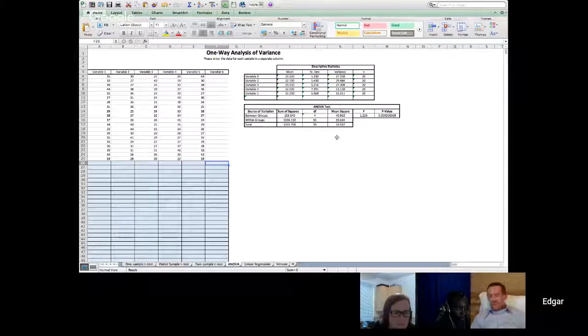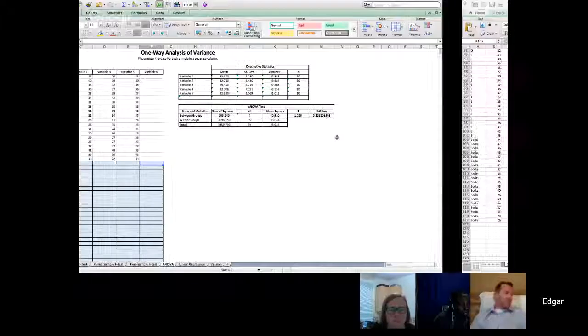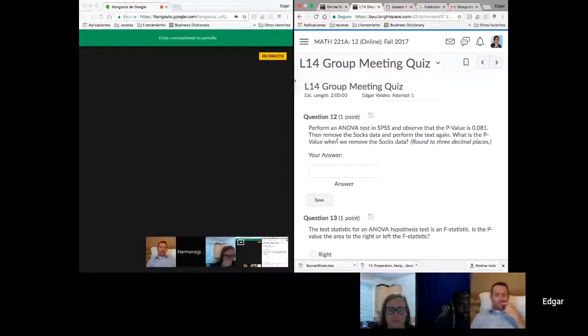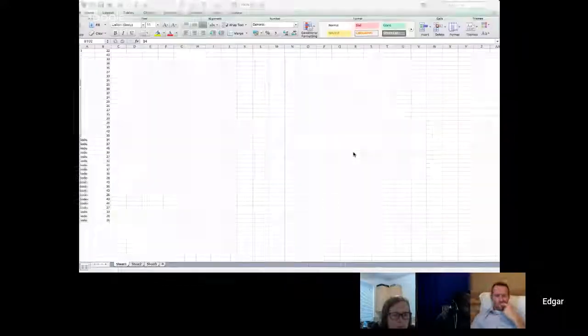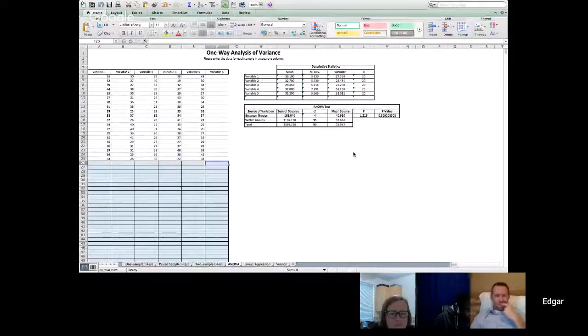I got 0.278. What's that? The p-value. And the p-value is 0.081. Remove the SOX data and perform the test again. What is the p-value when you remove the SOX data? 0.309. Can you zoom in there? Just make it a little bigger.